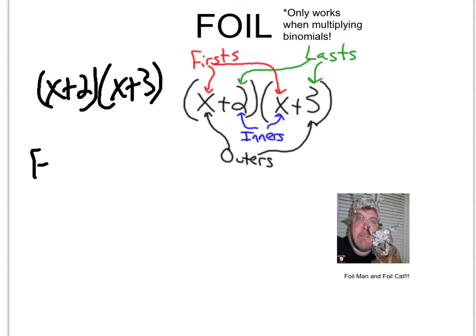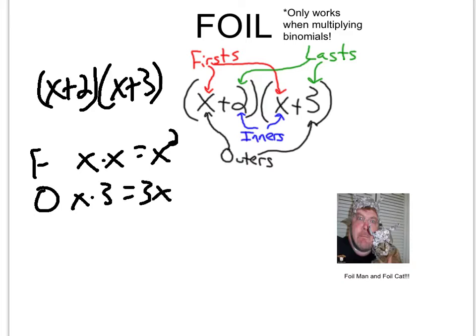F means multiply the firsts, so I'm going to multiply x times x and get x squared. Okay? O means outers, so the outers are x and 3, so I'm going to take x times 3, and that equals 3x. And then I means the inners, 2 times x, which equals 2x.